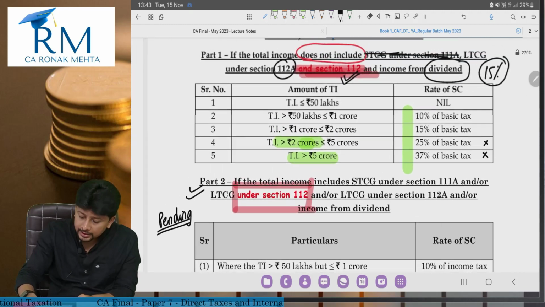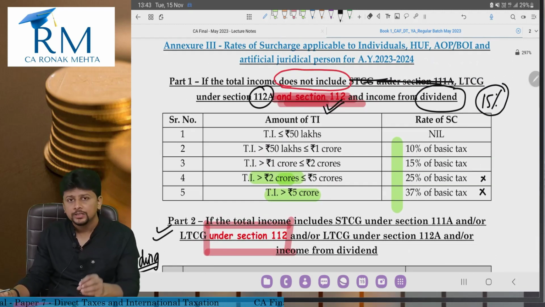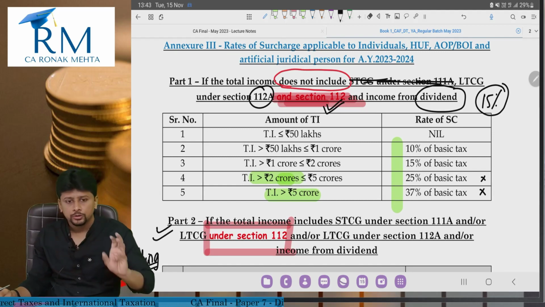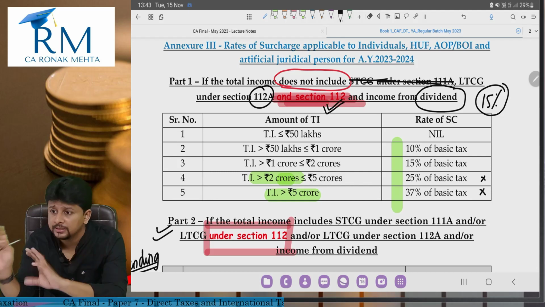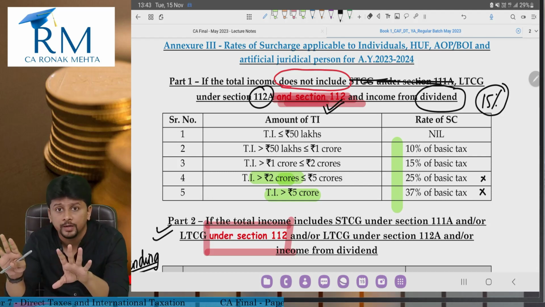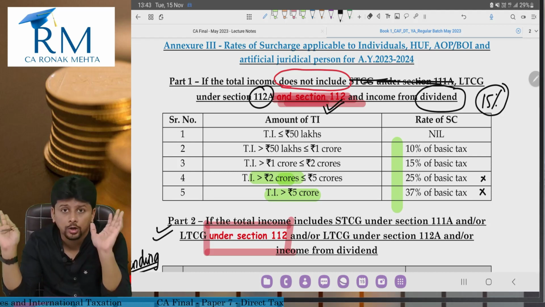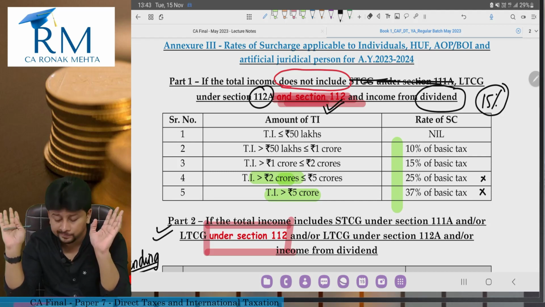Currently, let us study the surcharge rates that are applicable to an individual, assuming these incomes are not there. So the person is earning salary, house property, PGBP, IFOS income other than dividend. If he is earning capital gain, it is not short term under 111A, it is normal short term gain, it is not long term capital gain. He is earning normal incomes.